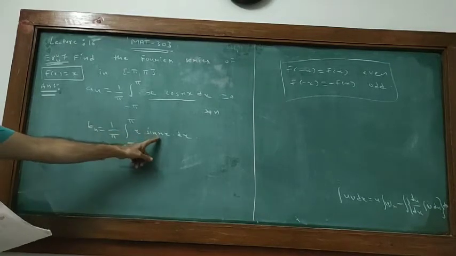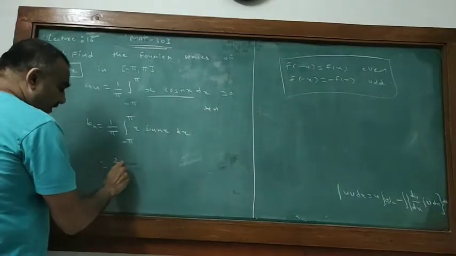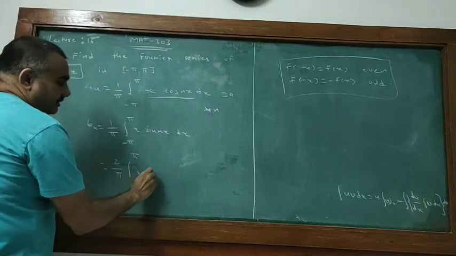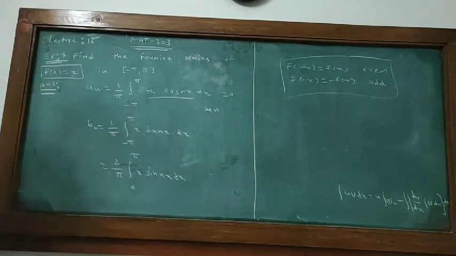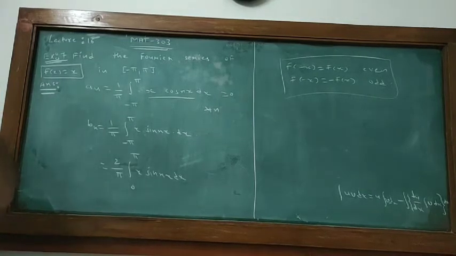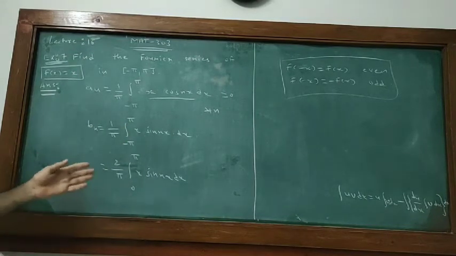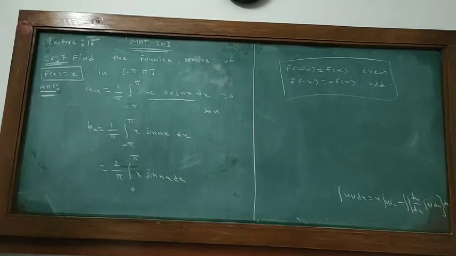As this is an even function, this is equal to 2 upon pi integral from 0 to pi of x sin nx dx. I suggest you keep writing with me. Whenever I am writing on the board, you should write in your notebook.